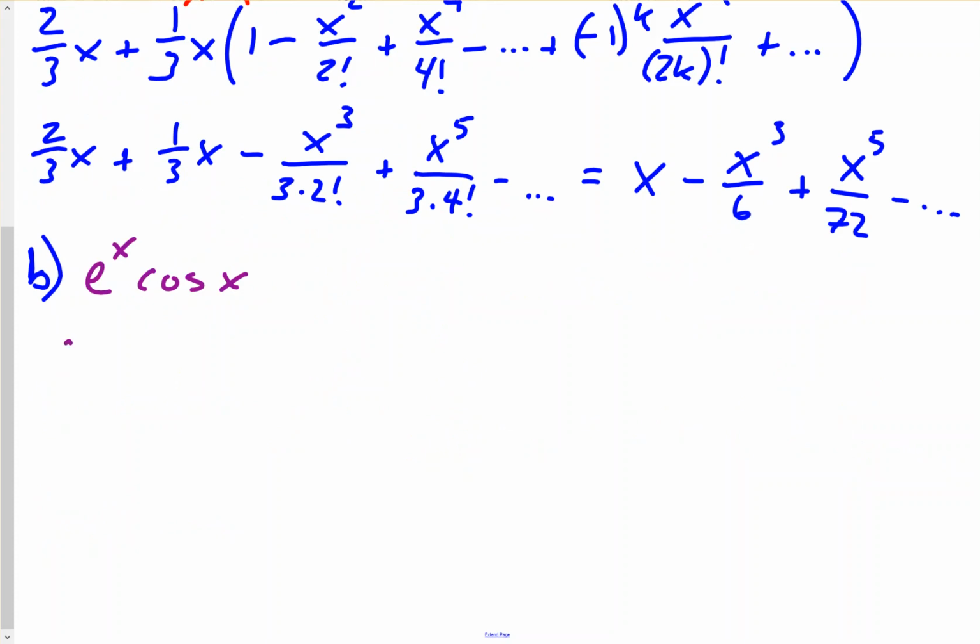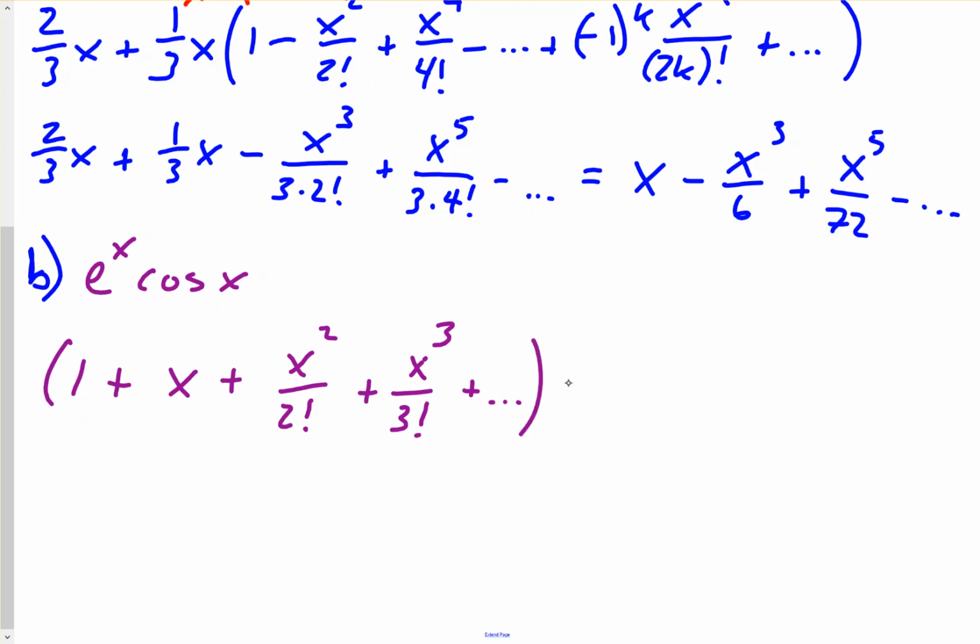So e to the x was 1 plus x plus x squared over 2 factorial plus x cubed over 3 factorial, like that. And then we're going to multiply with the cosine x. The cosine was 1 minus x squared over 2 factorial plus x to the 4th over 4 factorial minus, like that.